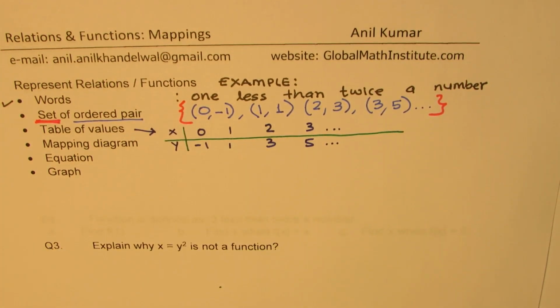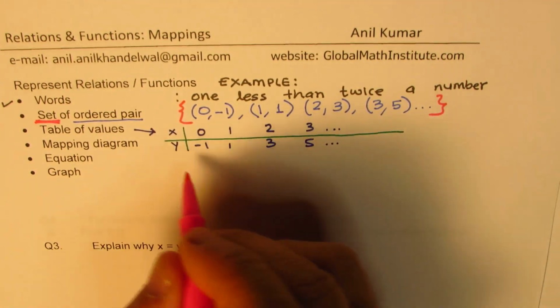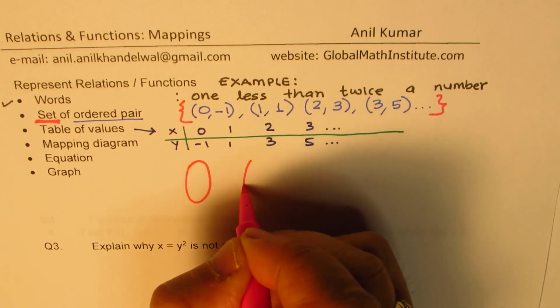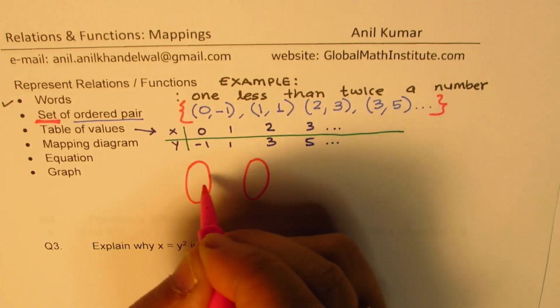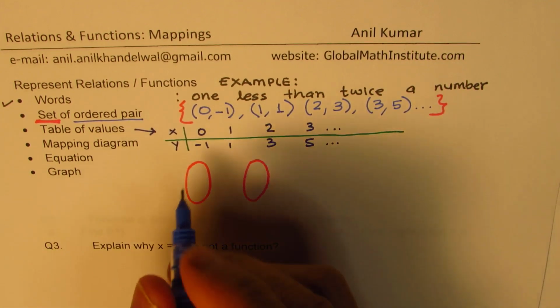Now the same set can also be represented as a mapping diagram. So let me show it in a mapping diagram. We make two circles. One is for the domain, the other one is for the range. You're now familiar with these terms.